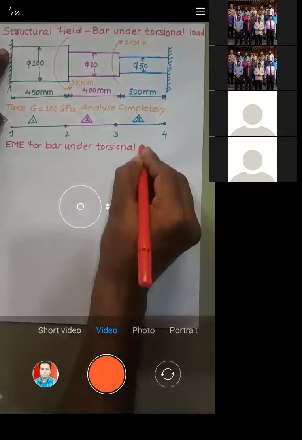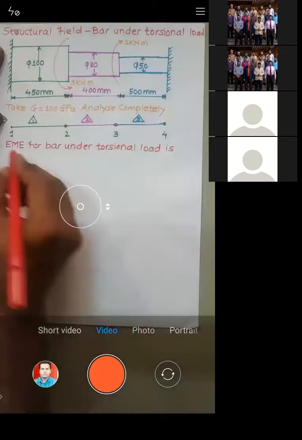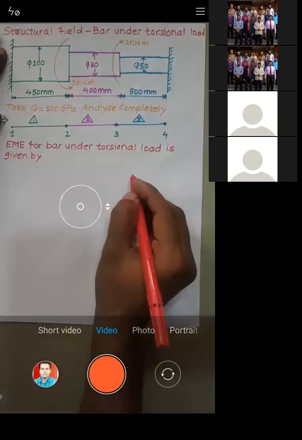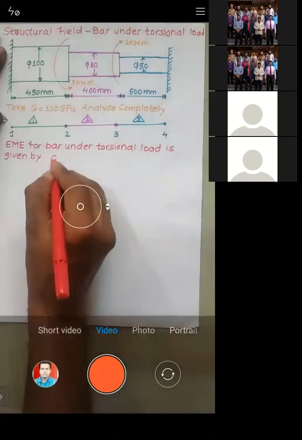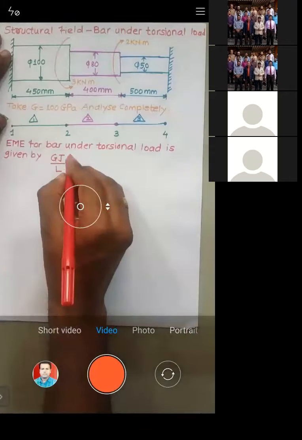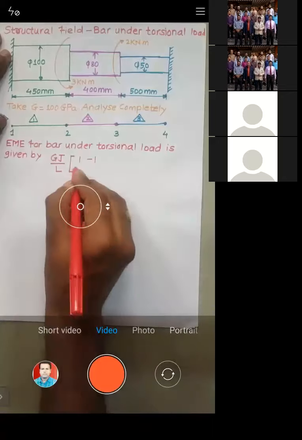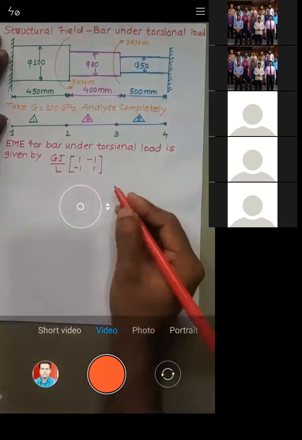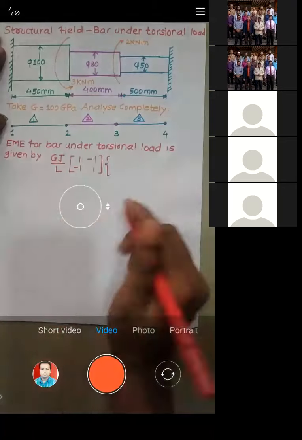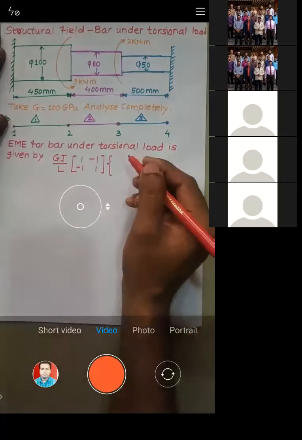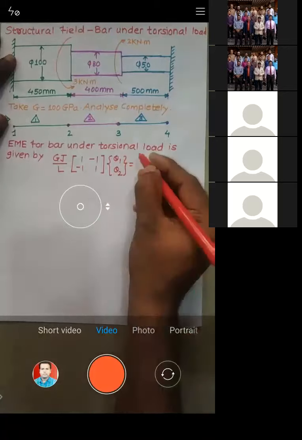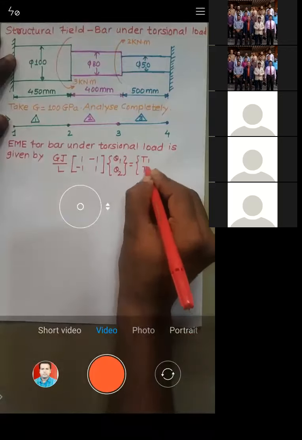It is given by GJ by L into [1 -1; -1 1], into, now instead of linear displacements, we have angular displacements, which I will indicate by theta 1 and theta 2, is given by torque, that is T1 and T2.